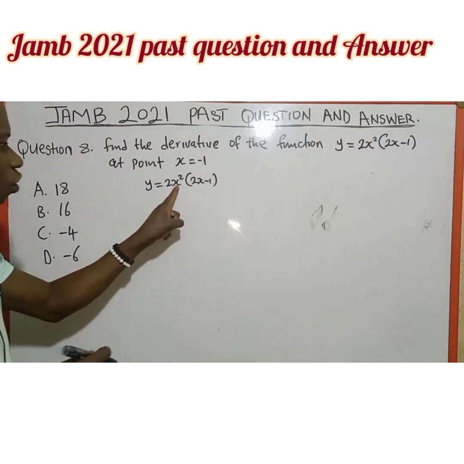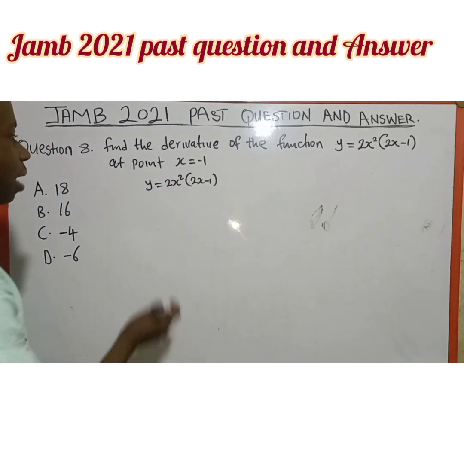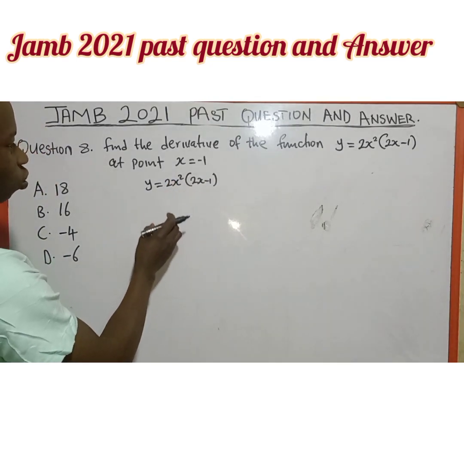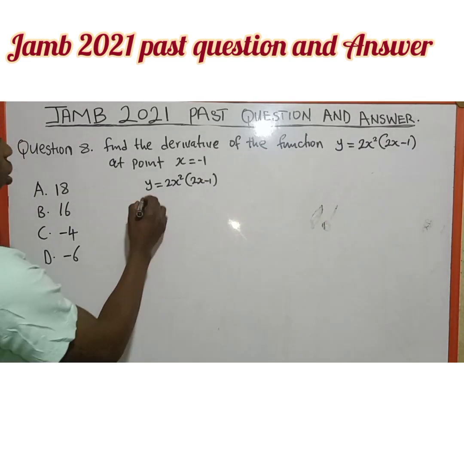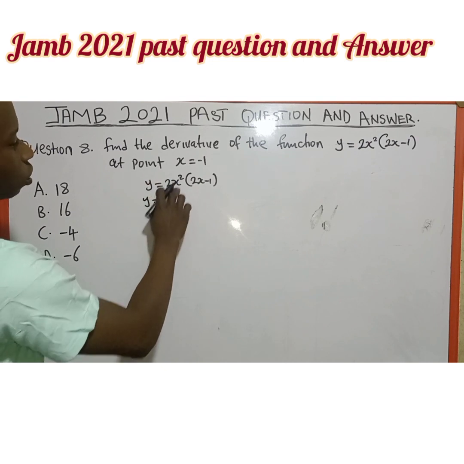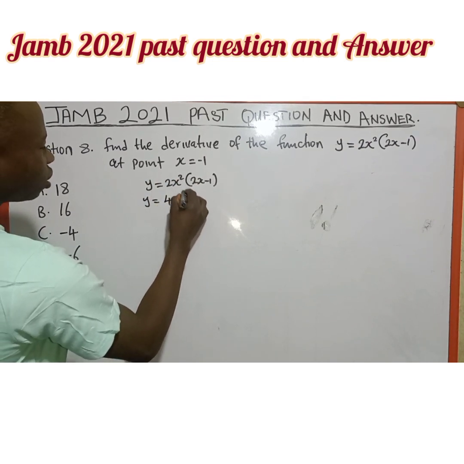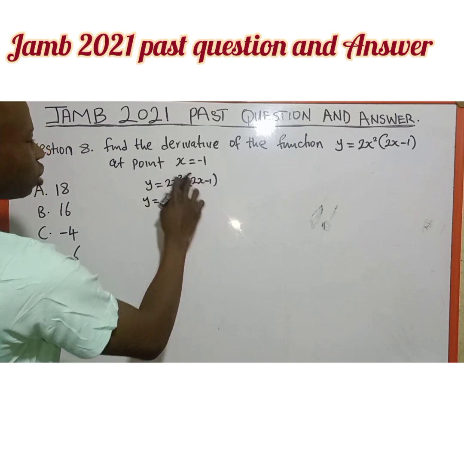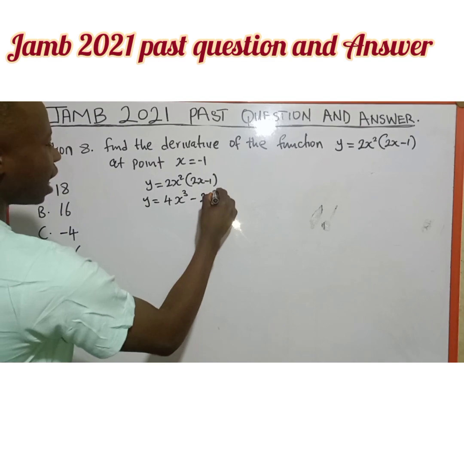If you look at this function, this is the product rule, but because of time, since it's JAMB, we are not going to use the product rule here. What we are going to do is expand this bracket, then we differentiate. So my y now will be equal to 2s squared multiplied by 2s, which gives me 4s to the power of 3. Then 2s squared multiplied by negative 1 gives me negative 2s squared.